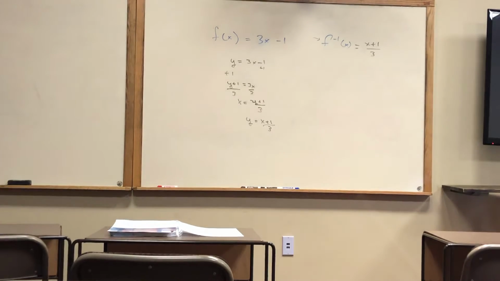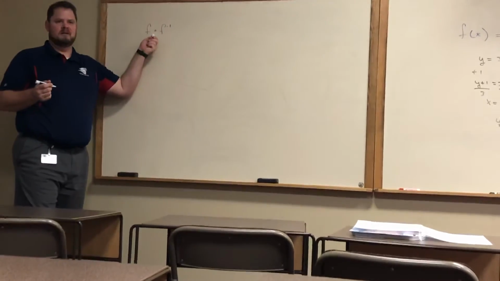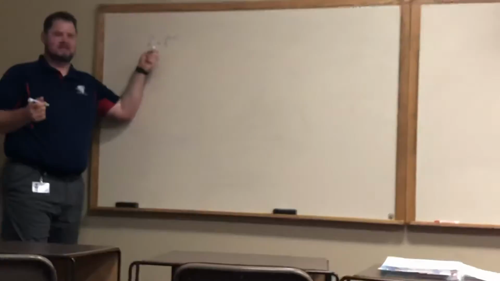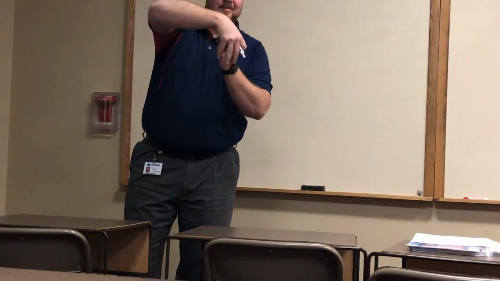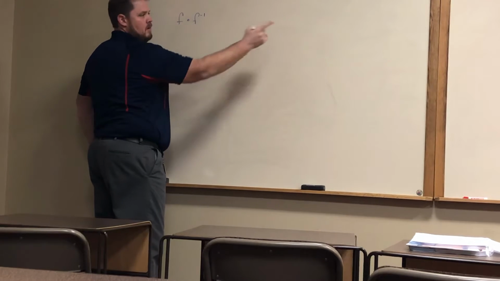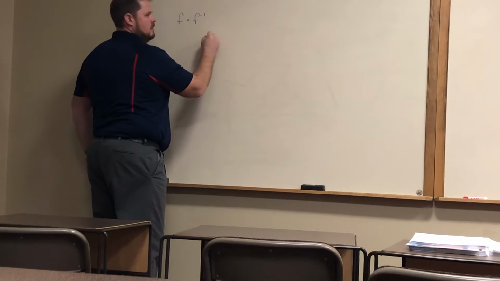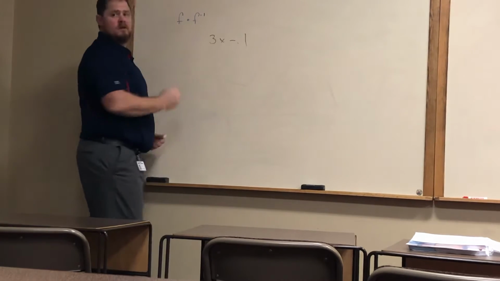So, now let's go to this board over here. So go ahead and flip it over here. Now, remember, what's composite mean? Lisa, what's composite mean? Complete substitution, right? So what do we do? So f of x is what? 3x minus 1, right? How would I solve this?